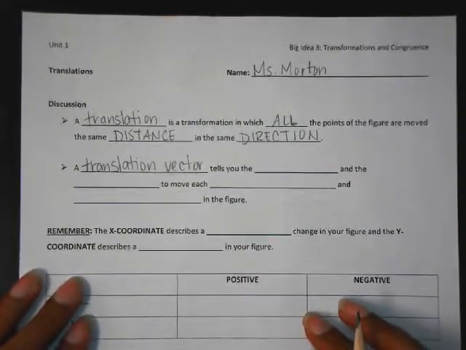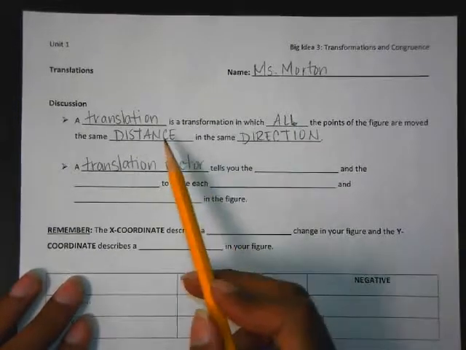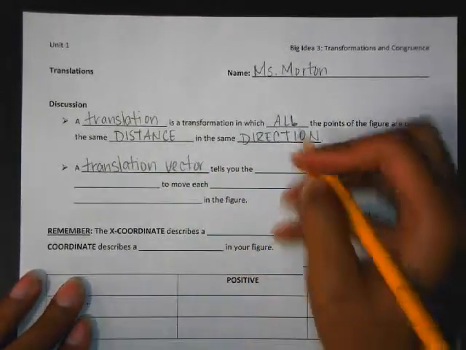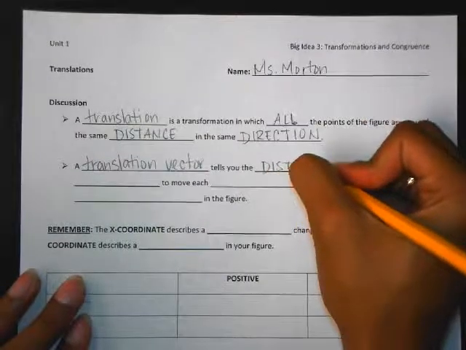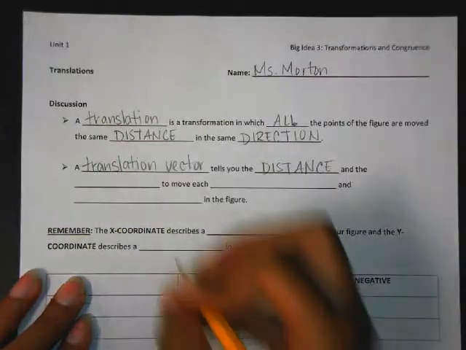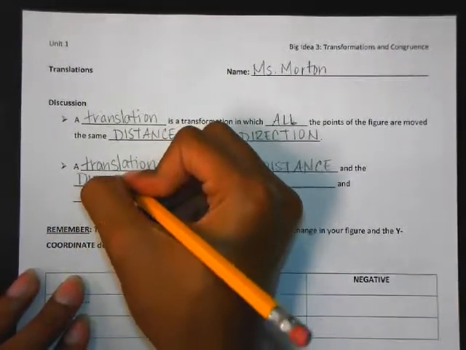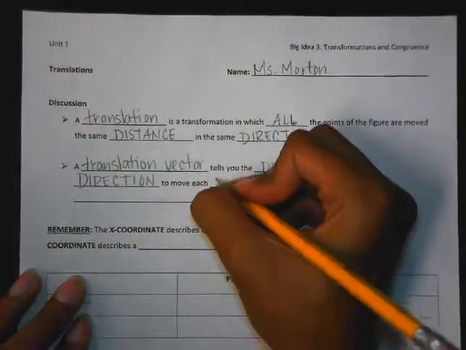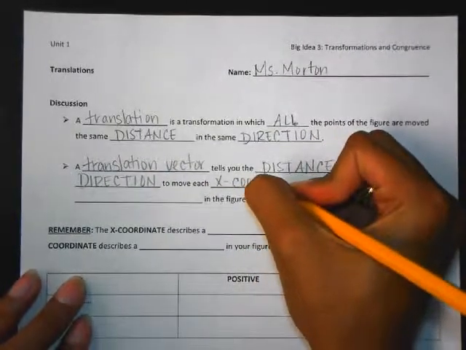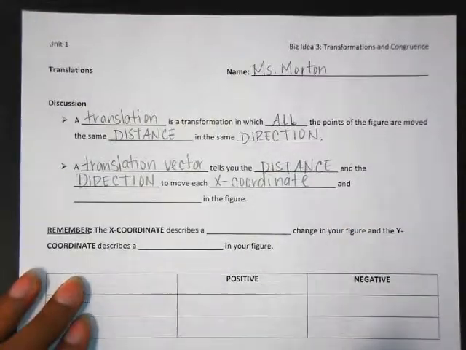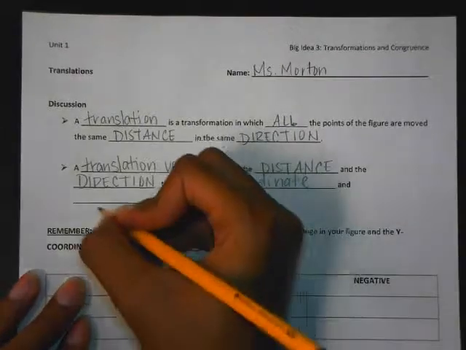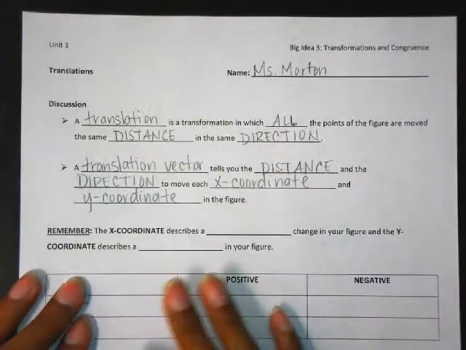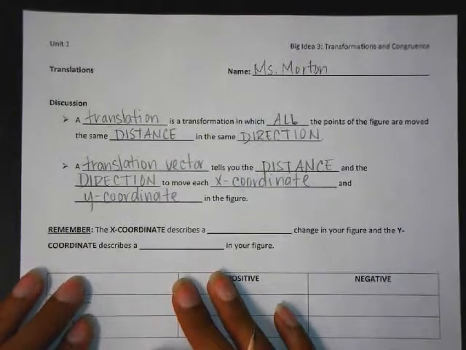Since we're moving each point a certain distance in a certain direction, the translation vector tells you the distance and the direction to move each x coordinate and y coordinate in the figure.